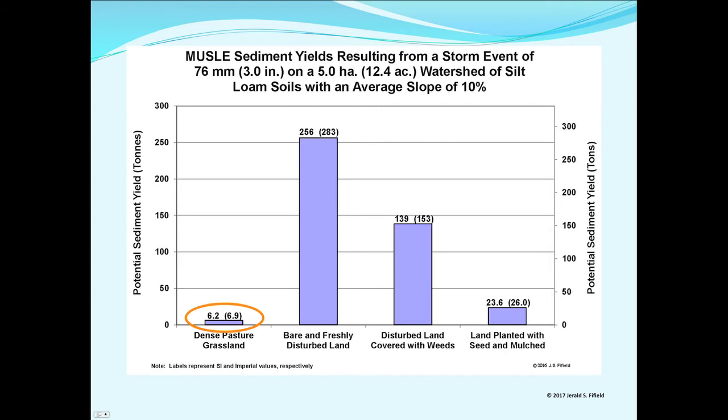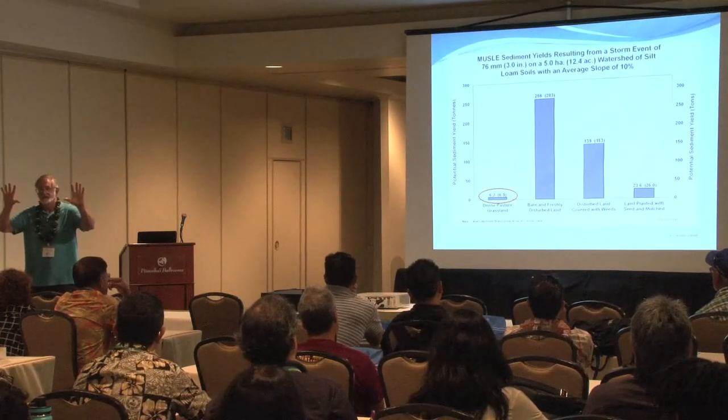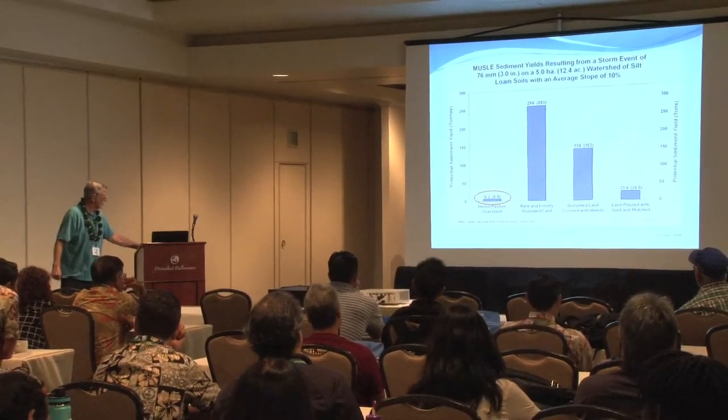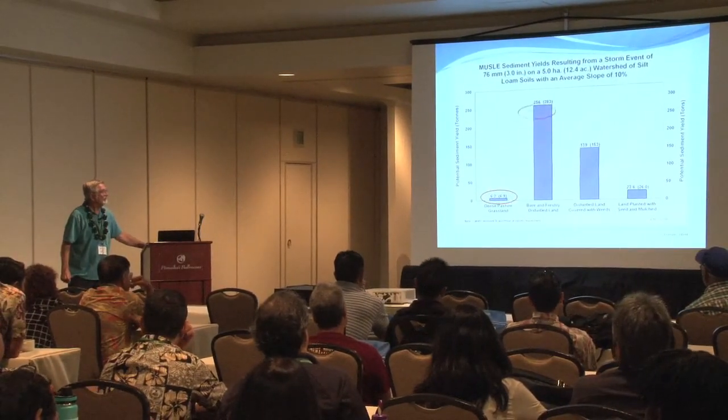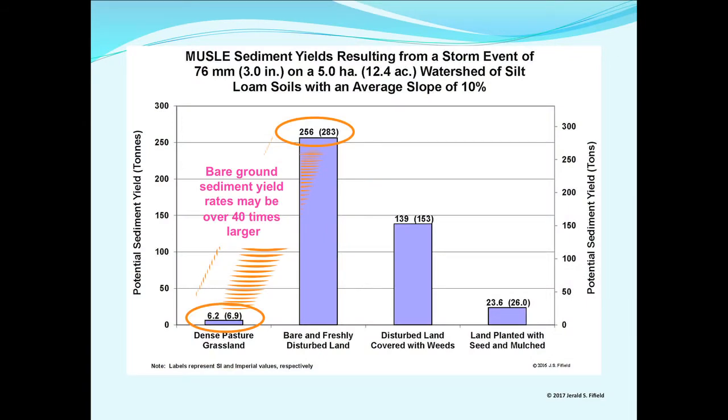But take a look at what we have here. If we were to take the Modified Universal Soil Loss Equation for a single storm event compared to the Revised Universal Soil Loss Equation, which takes it for a 10-year, 24-hour storm event, we can find that the shape of potential sediment yields looks about the same as it did when we did the erosion rate aspect of it.